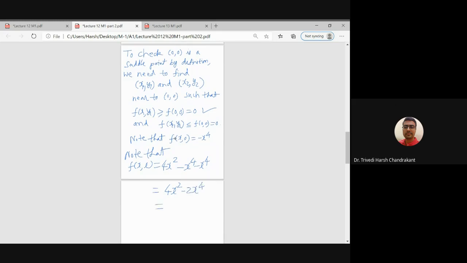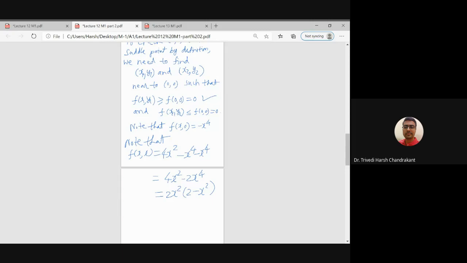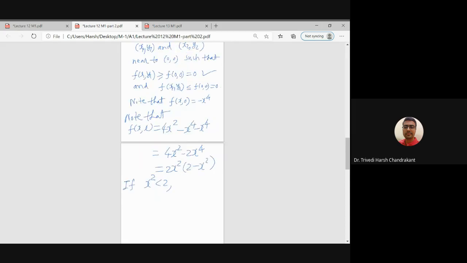If we take 2x^2 common, it is 2x^2 times (2 - x^2). Now if we take the value of x small enough, so that x^2 is less than 2, then 2 - x^2 is greater than 0.